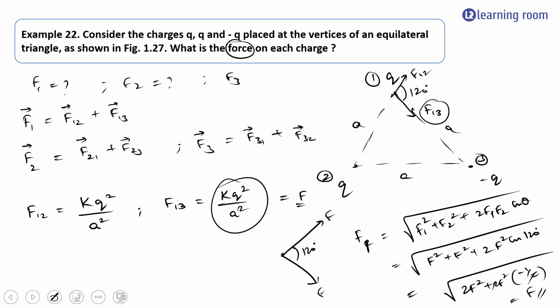Whereas when you're dealing with scalar quantities, what are the scalar quantities in electrostatics? Electrostatic potential and electrostatic potential energy. When you're asked to calculate these two values, you need to take the sign of the charge into consideration. Okay, sir. Never forget this.